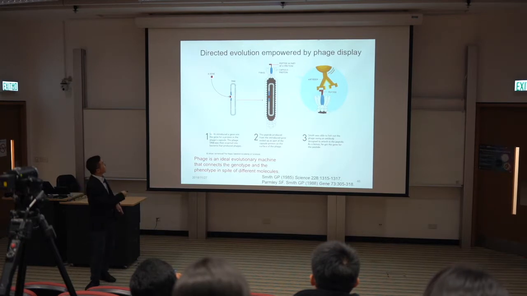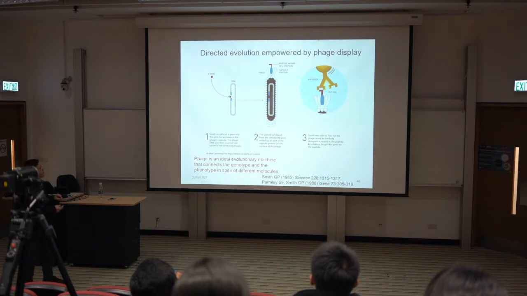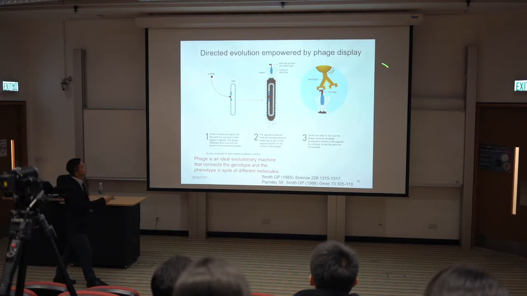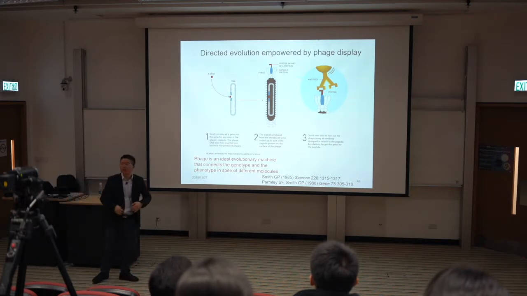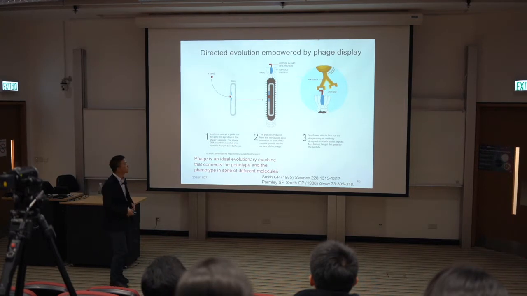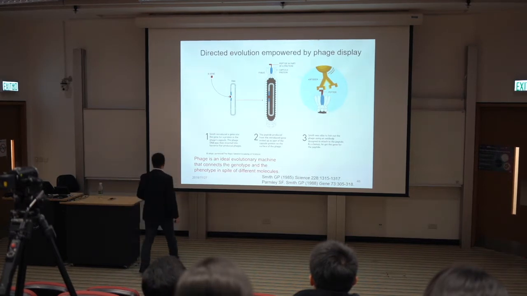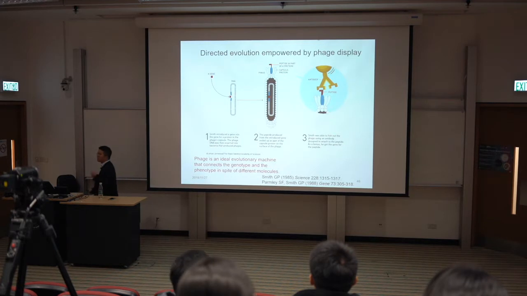Okay? Randomize the genes that you inserted into the phage. Then you can ask these phage to display those genetic variants on their surface, and then you do the capture and enrichment. Then you were able to evolve those new partners that showed improved affinity toward those immobilized substrates.